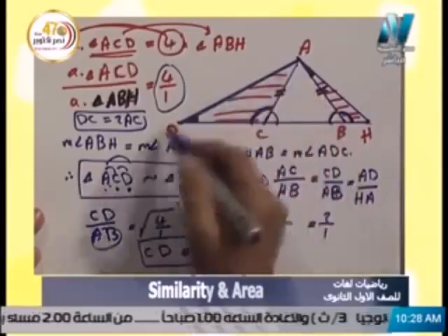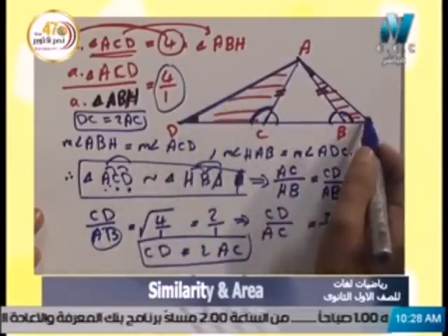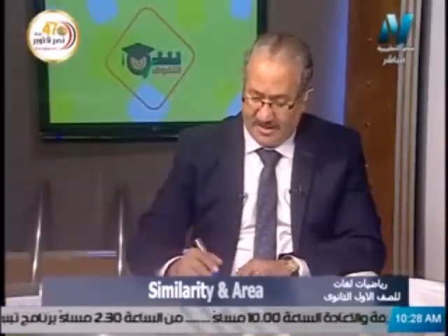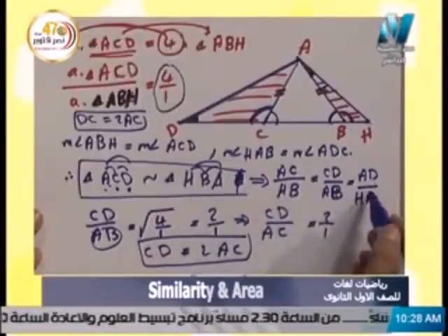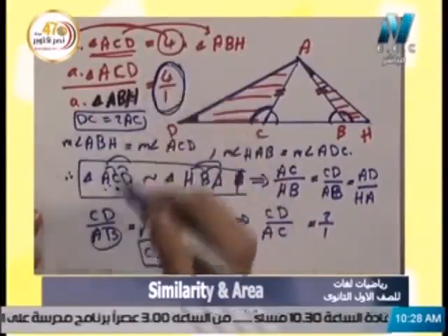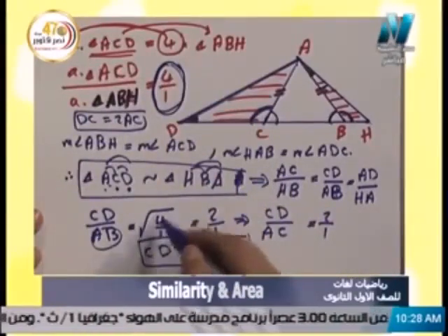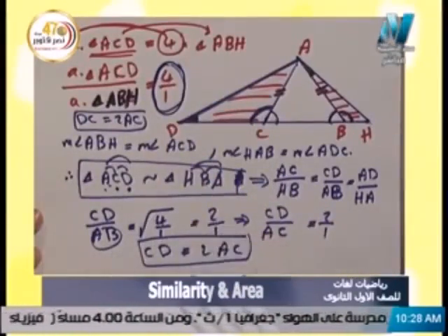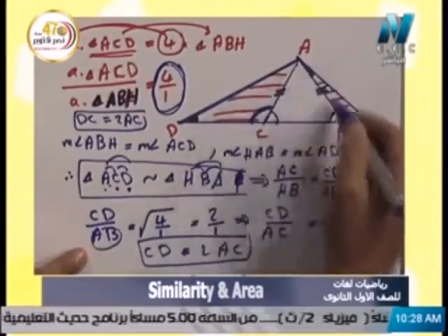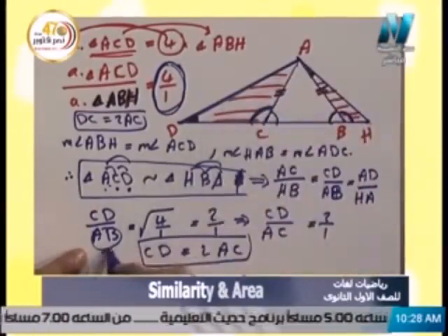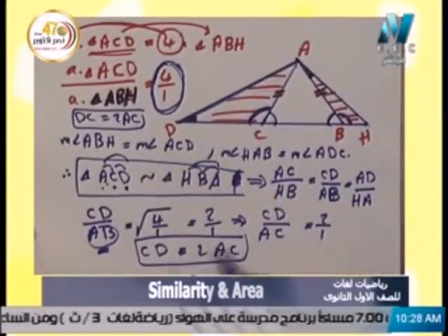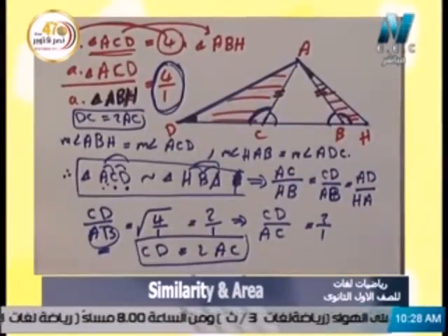So the triangle DAC is similar to triangle ABH, and we deduce that each ratio equals the square root of the ratio of the areas. So we have the square root of 4 over 1, which equals 2 over 1, and because AB equals AC, we replace AB by AC, and using cross multiplication we deduce that CD equals twice AC.